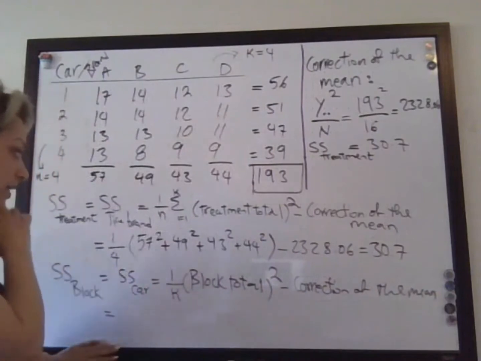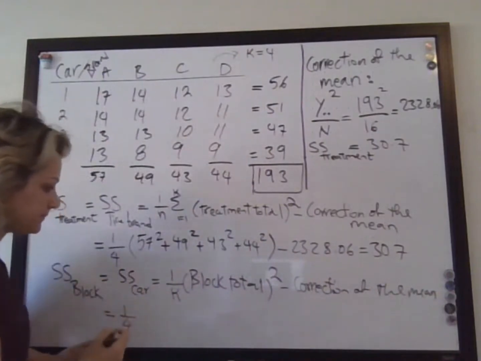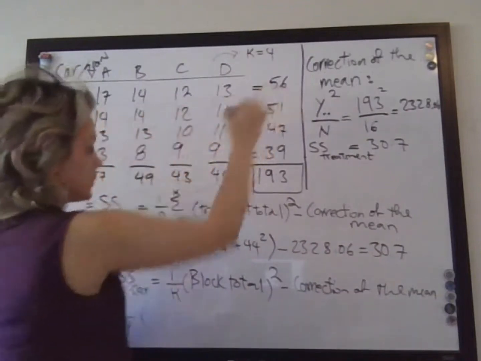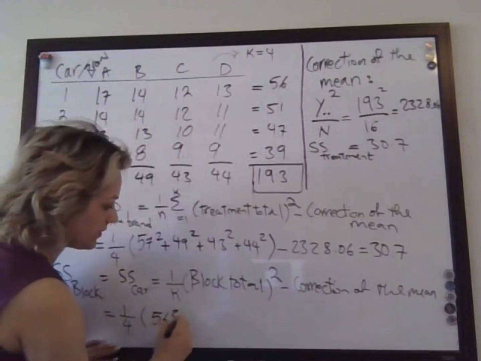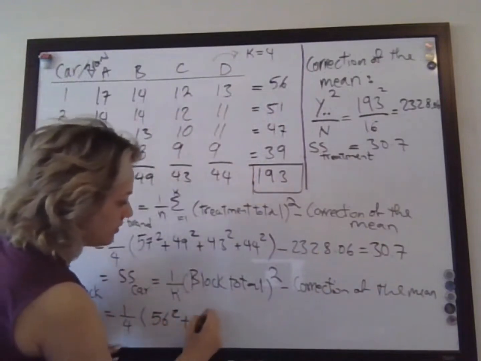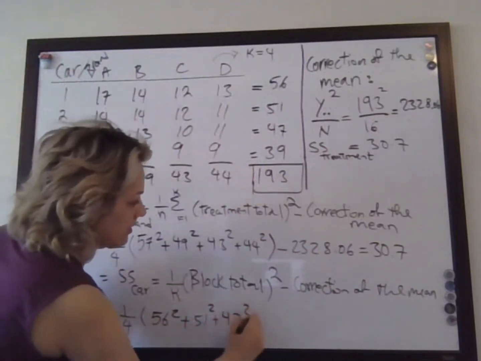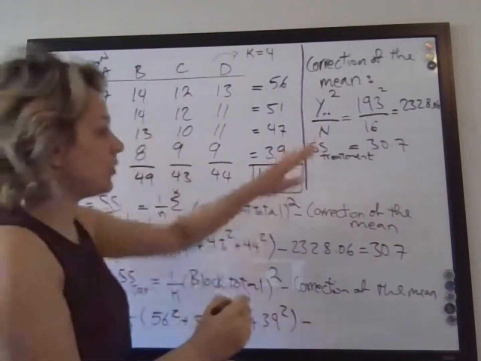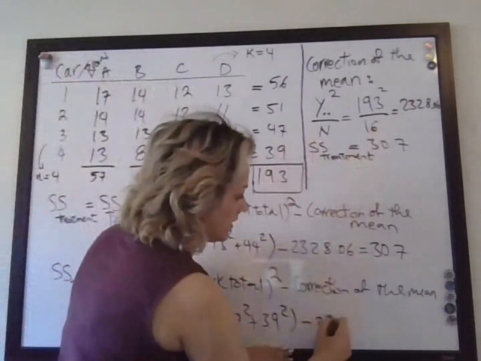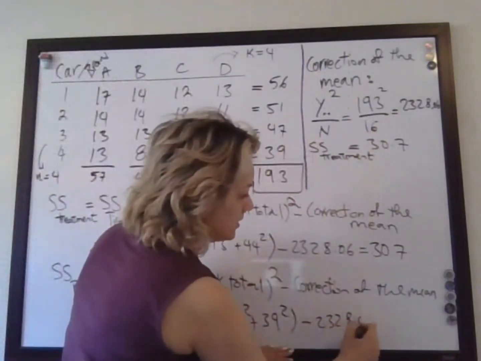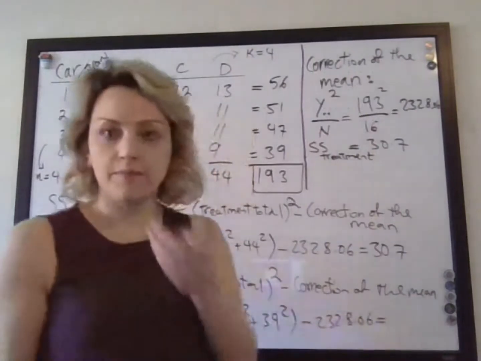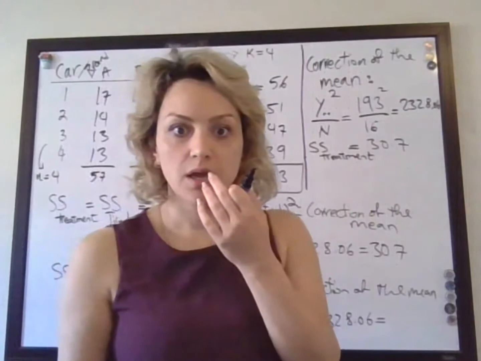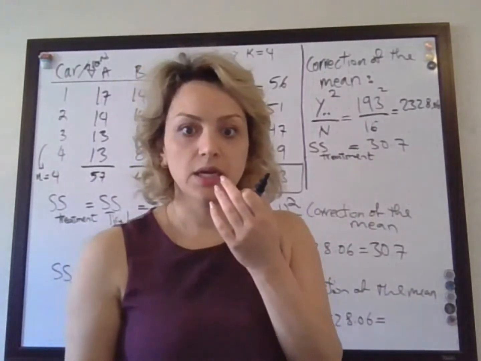You can do that by yourself. While I'm doing that, it's going to be 1 over 4. And for block total, I have these values, right? So it's 56 squared plus 51 squared plus 47 squared plus 39 squared minus the value of the correction of the mean, which I have over there, 2328.06. And the total of it, I have the final answer written, 38.7.